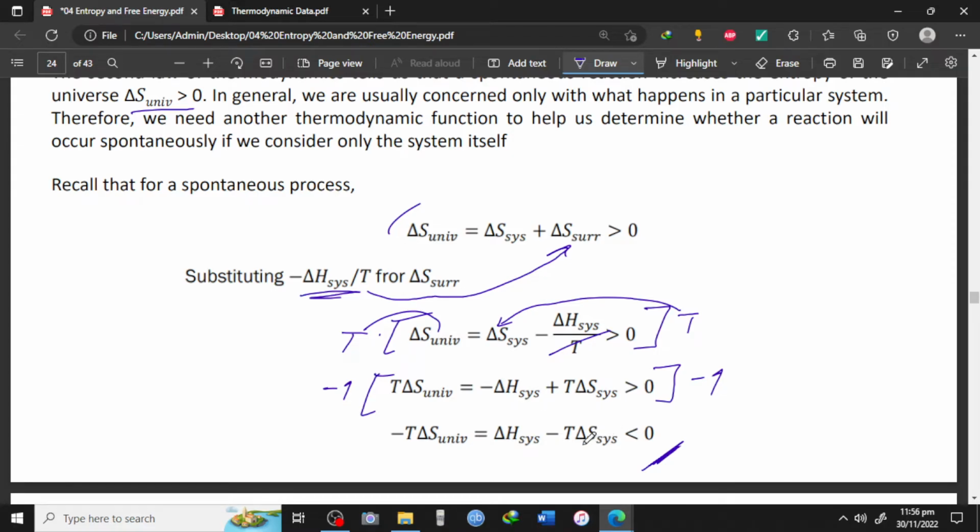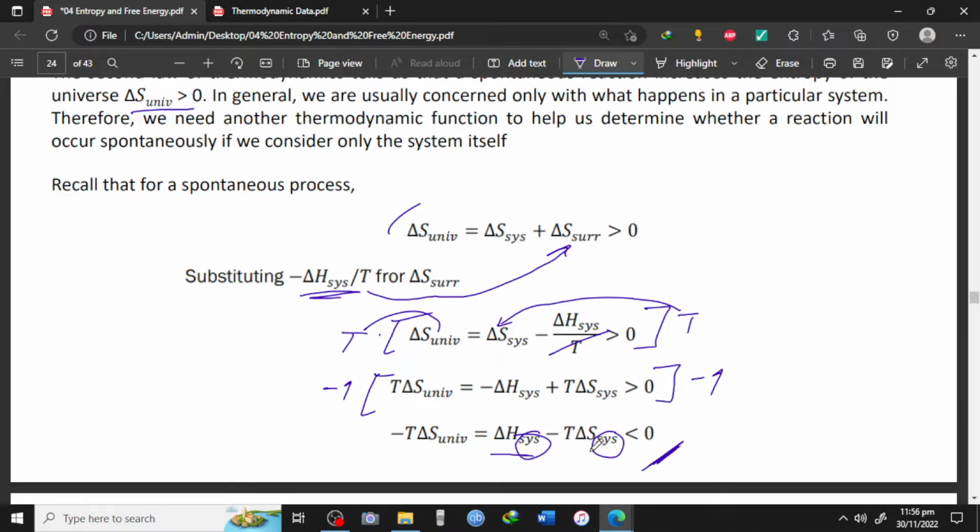Kung mapapansin nyo, for this particular equation, students, ano na lang hinahanap natin? We're just looking for the enthalpy of the system and the entropy of the system na lang. So, natanggal na yung factor na we're looking at the surroundings, which is yun nga yung gusto ng mga scientists. Bumalik yung focus natin sa system lang.